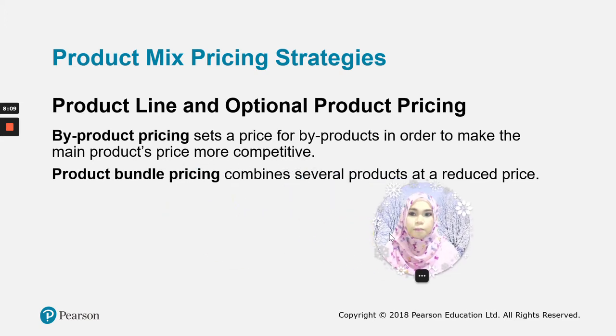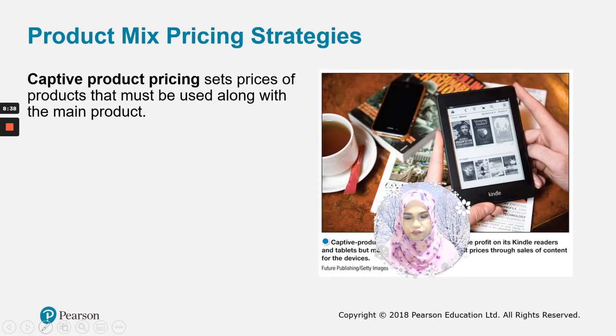Next, by-product pricing and also product bundle pricing. Now, what is by-product pricing? It is where you set a price for by-products in order to make the main product's price more competitive. It's not necessarily like the ink and printer just now, which is the captive product pricing.